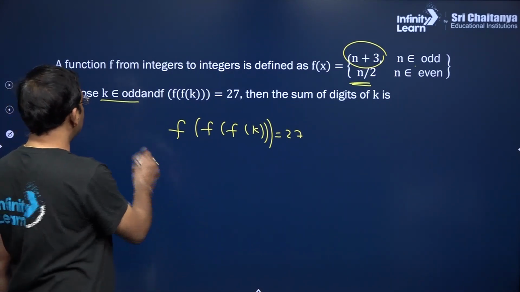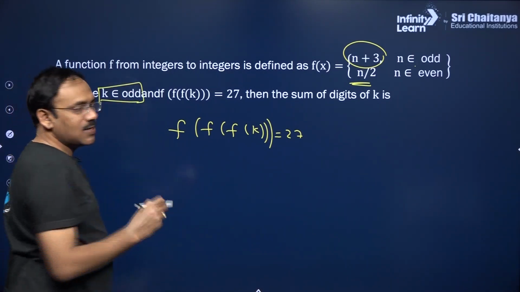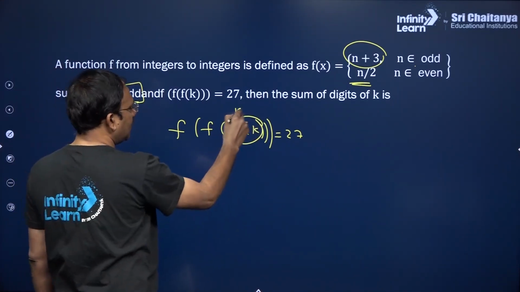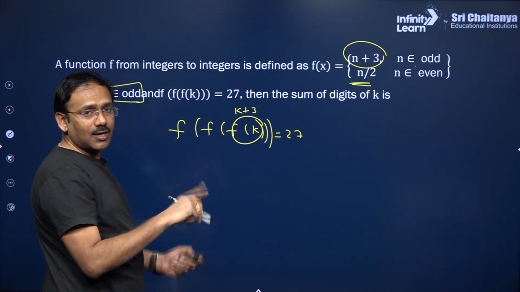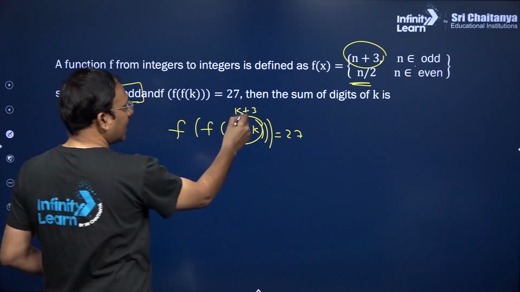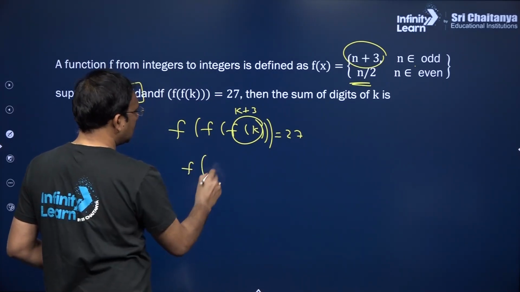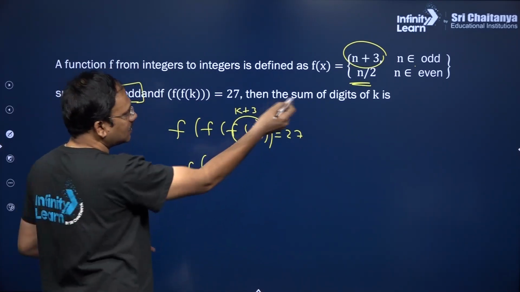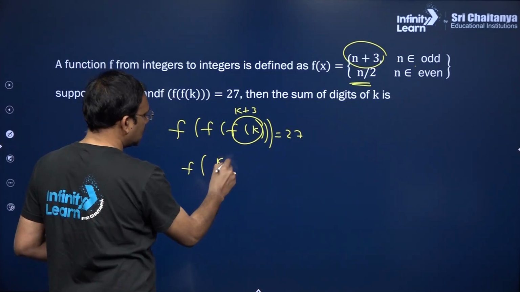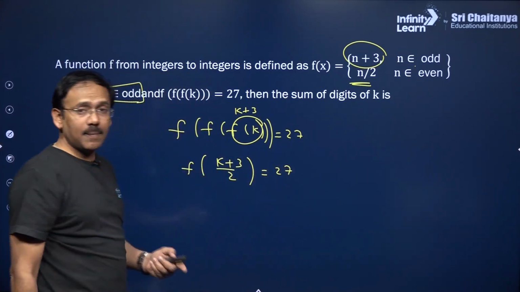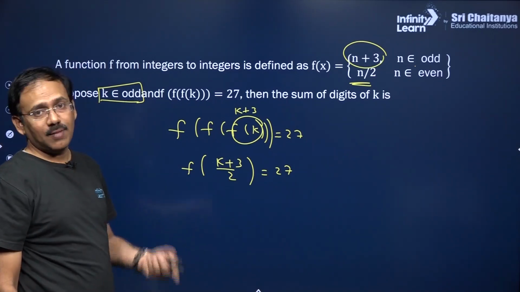Friends, given k is odd, f of k is going to be k plus 3. So odd plus 3 will become even, so f of an even number is n by 2, that is k plus 3 by 2 is equal to 27. Now k plus 3 by 2 may be even, may be odd.